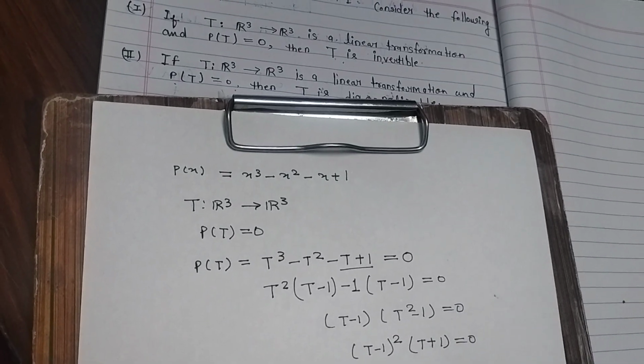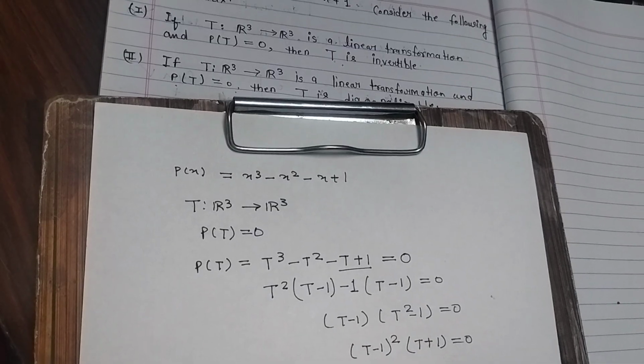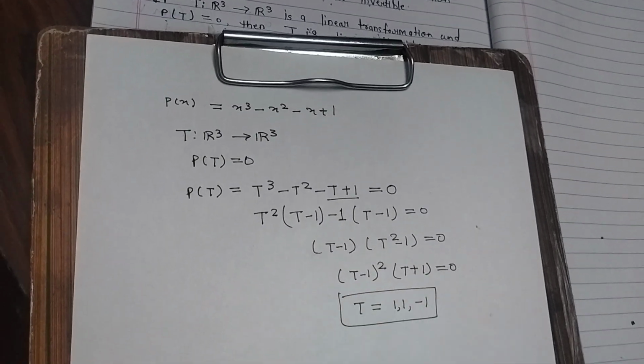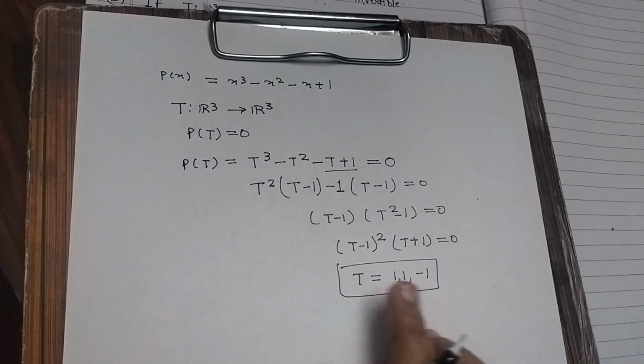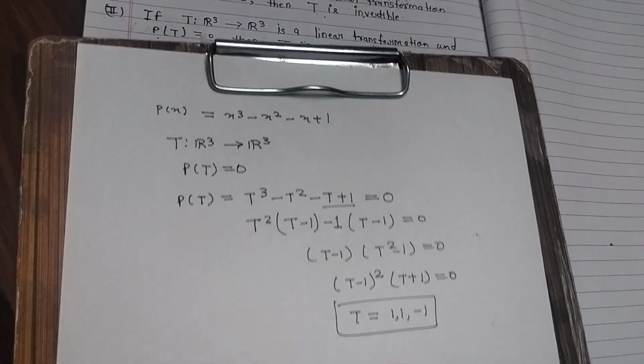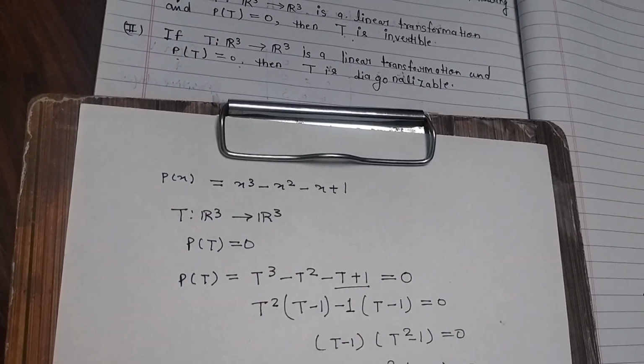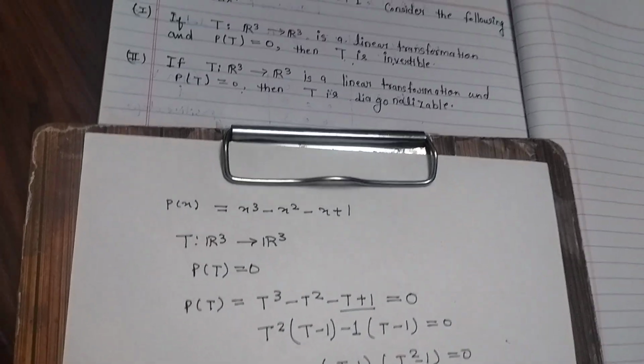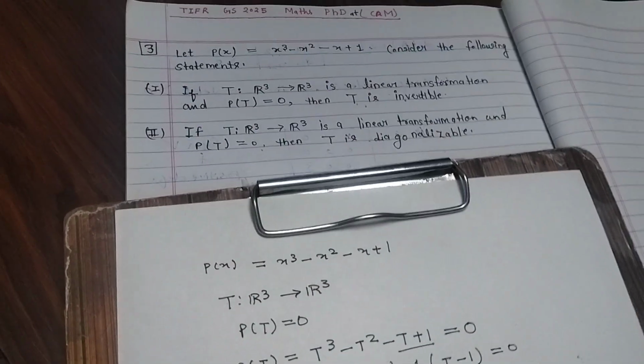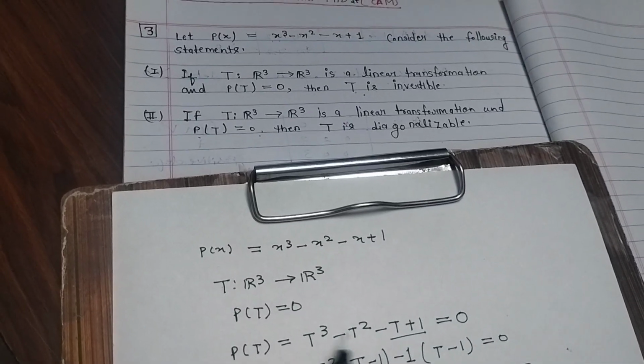Or we can write t = 1, 1 and -1. So we can clearly see that none of its eigenvalues is 0. Hence T is invertible.